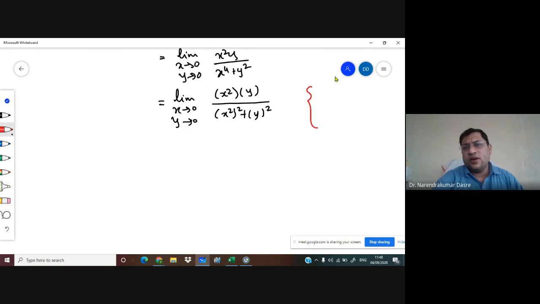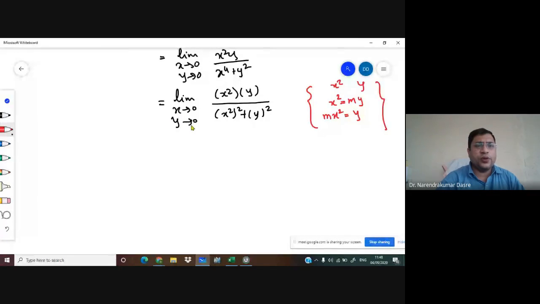Here in the numerator we have x square and y, and in the denominator we have the powers of x square and the powers of y. So what may be the possible relation? So y is equal to mx square. So this is the parabolic relation. So on the parabolic relation, this limit will be satisfied. So simultaneously, x will go to 0 and hence y will also go to 0.